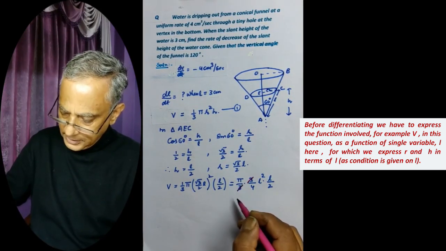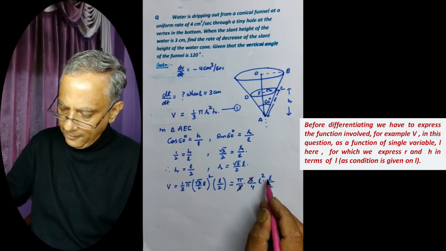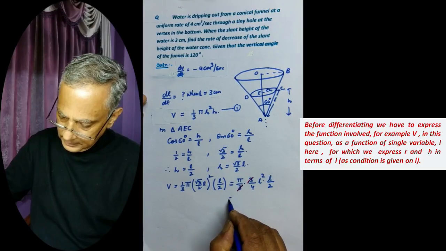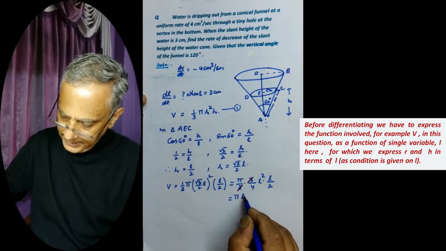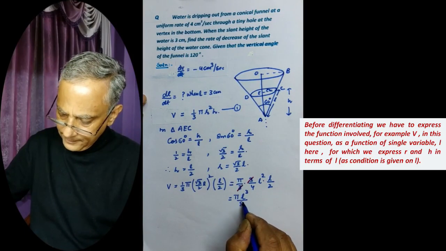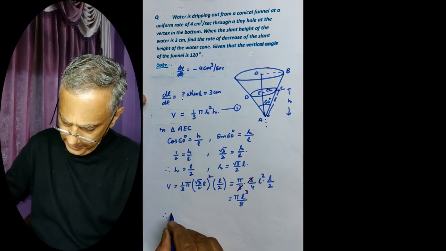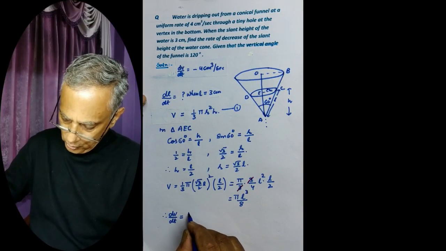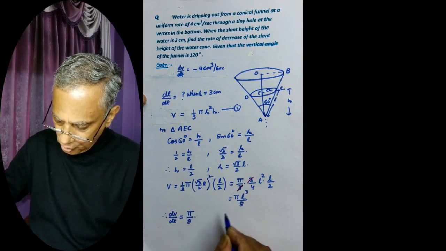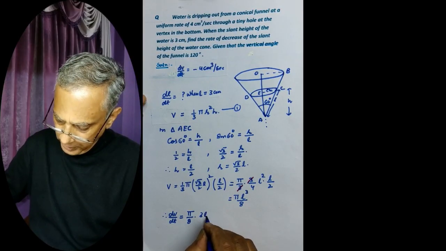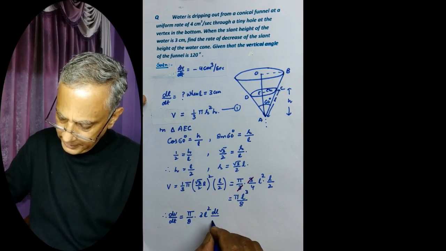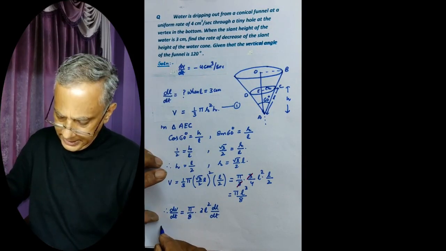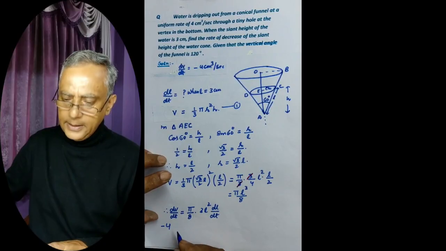This 3 cancels with this, and we have pi L cube by 8. Therefore dV by dt is equal to pi by 8, which is constant, and the differential of L cube will be 3L square dL by dt, and dV by dt is minus 4 centimeter cube per second.